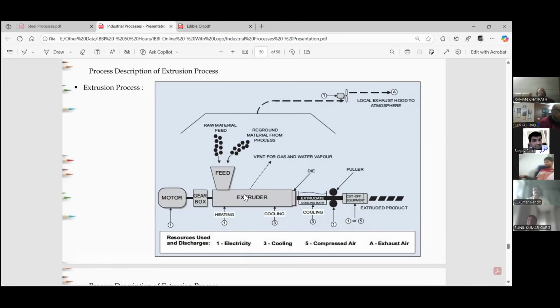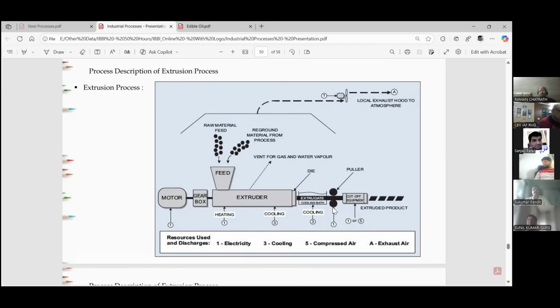Now here, inside the extruder, there will be a worm screw. Due to the rotation of the screw, your entire molten plastic will remain on the inside surface of the barrel and move to the forward side. So here, instead of a mold, there is a die. According to the shape and size of the die, your pipe will be extruded.